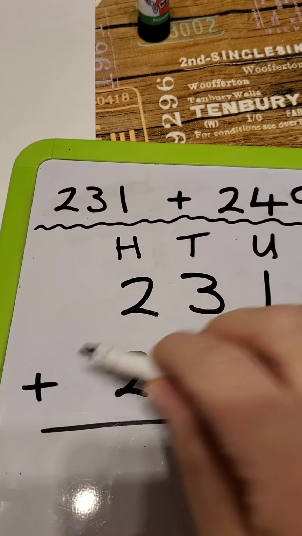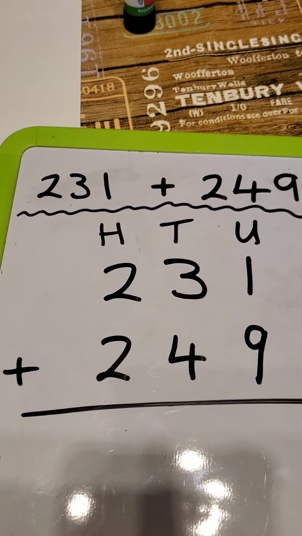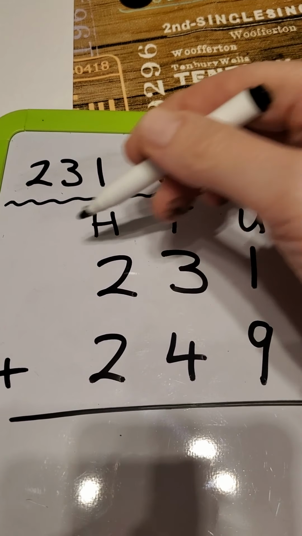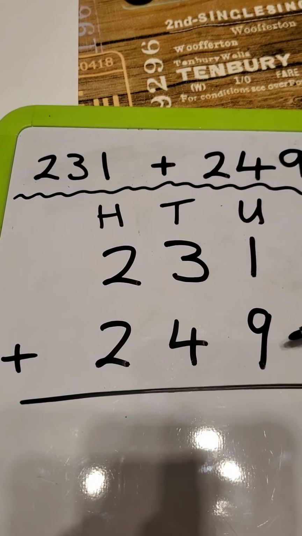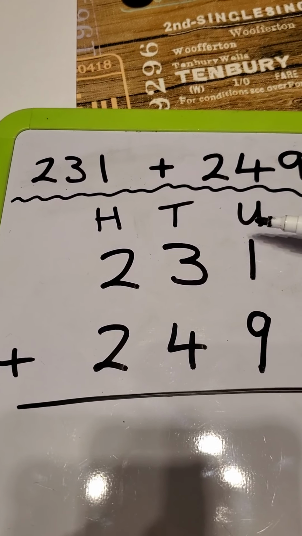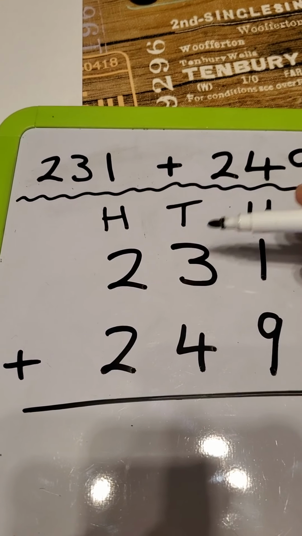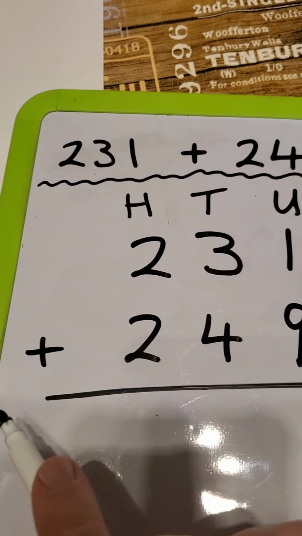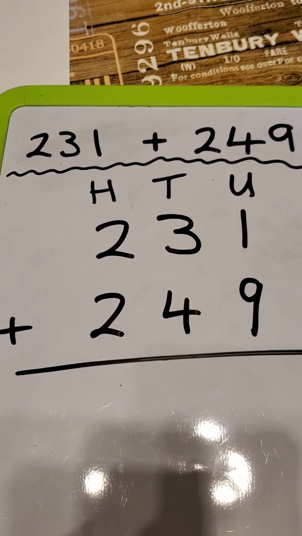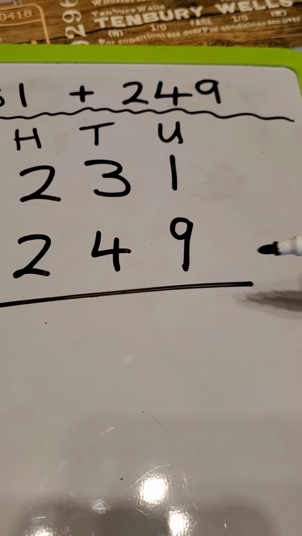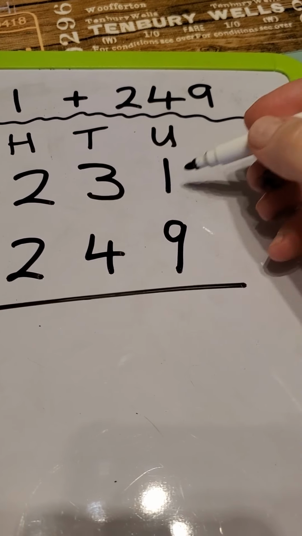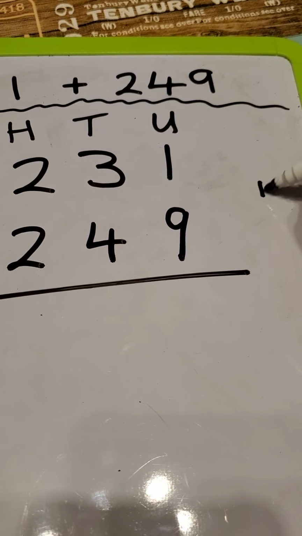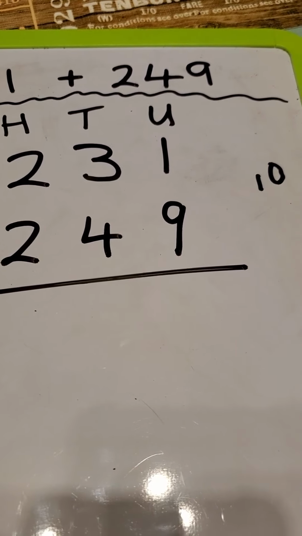So this is how your question should look. 231 add 249. So you'll see the hundreds and tens and units lettering at the top. You can put that in to help you. All the units are directly below each other. All the tens, all the hundreds. Then we have the plus sign and the line at the bottom. So let's work our way through the question. 9 and 1 is 10. Now, if we have 10, we know it has to move next door.